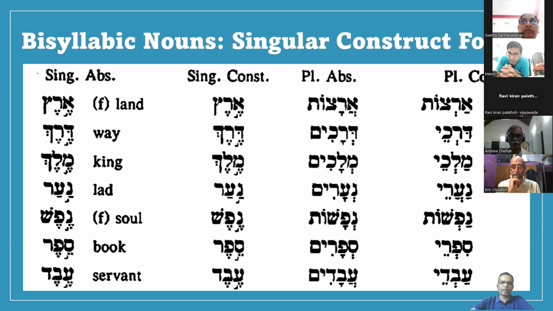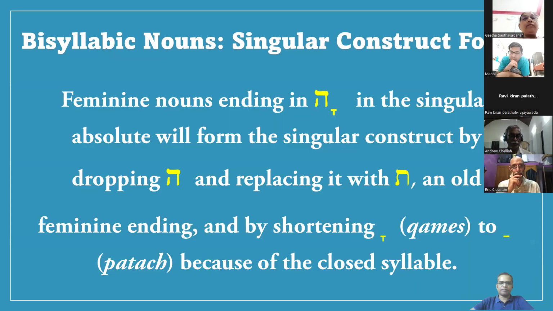Second category, both the syllables are closed. First syllable carrying a short vowel, second syllable carrying a long vowel. The first syllable will remain as it is. The second syllable's long vowel will be reduced into a short vowel. Segolates, both the absolute state and construct state will be the same.